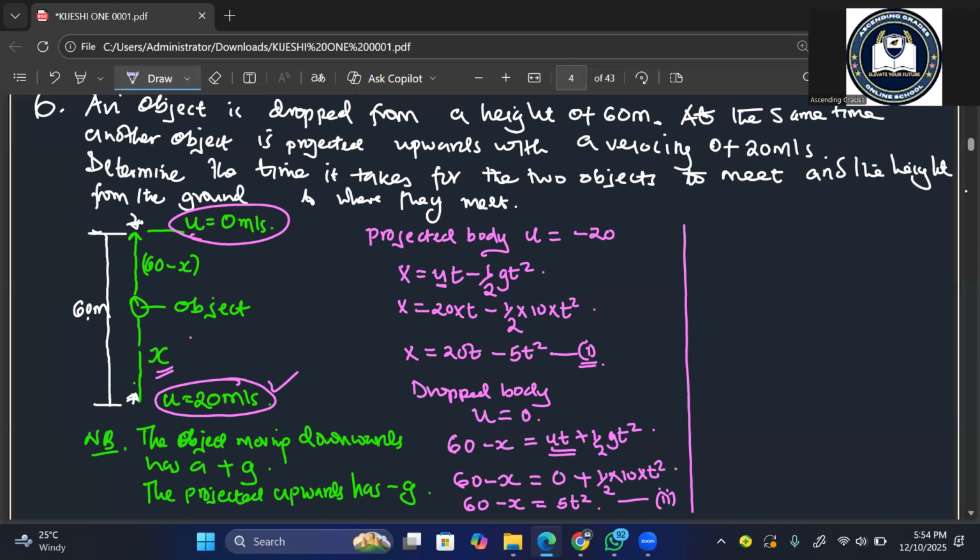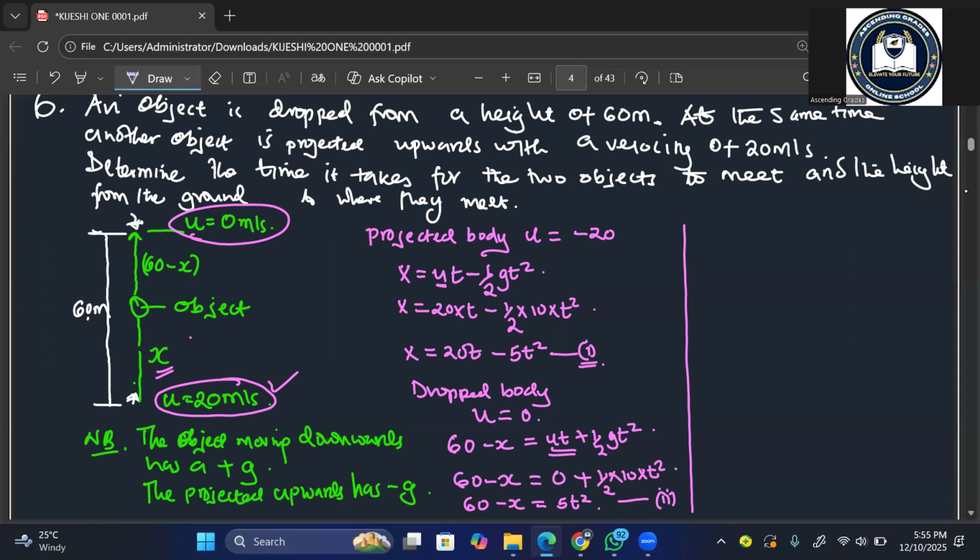Let's do something over here. We equate equation 1 with equation, okay, just a moment.